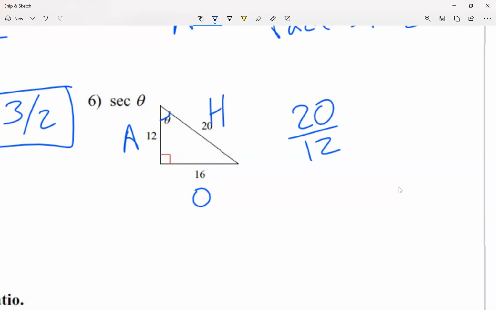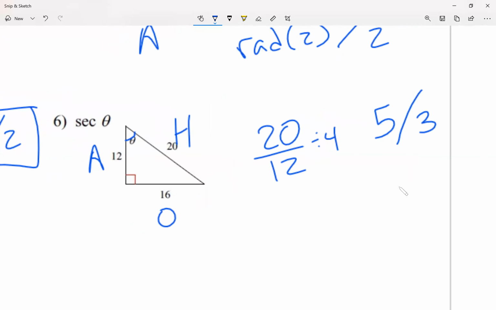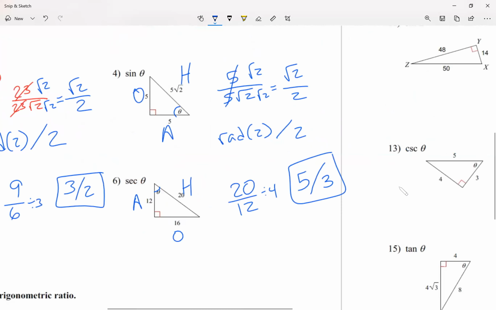Let me divide each by 4. 20 divided by 4, 12 divided by 4. So my answer is going to be 5 over 3. Simplify your fractions. 20 over 12 will be considered wrong. 5 over 3 is considered correct. Don't forget to simplify your fractions.